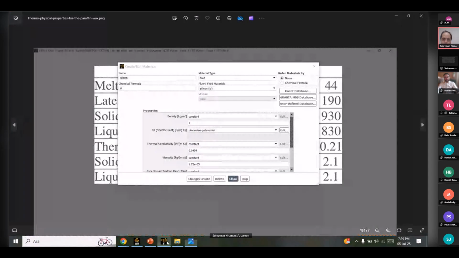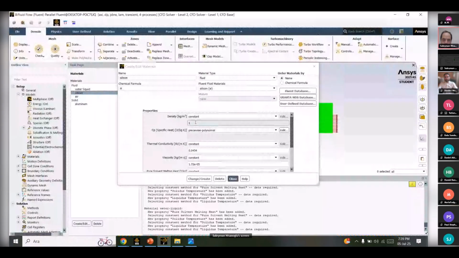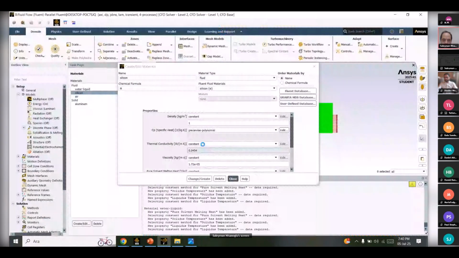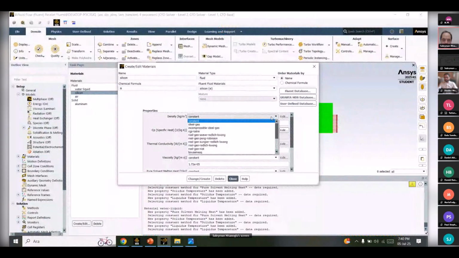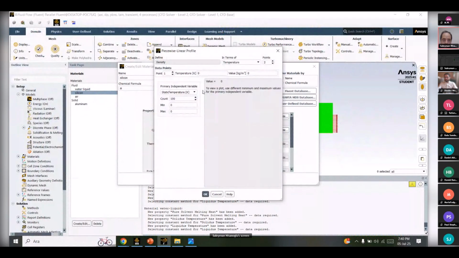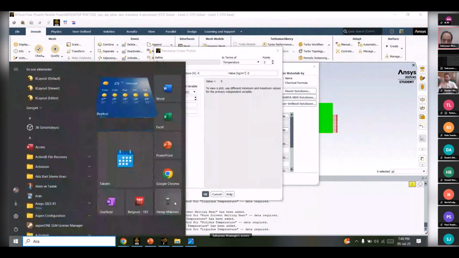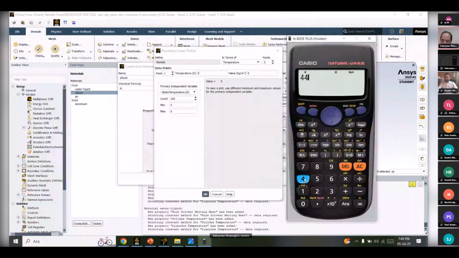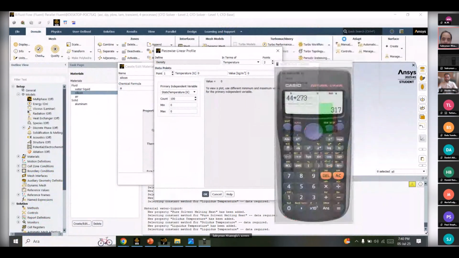Material properties. Density is different. Solid and liquid density is different. We change here. Piecewise linear. 44 Celsius, 44 plus 273, 317 Kelvin.